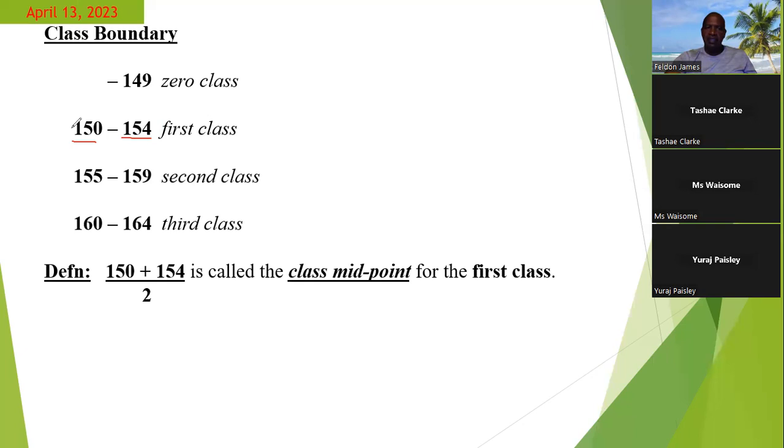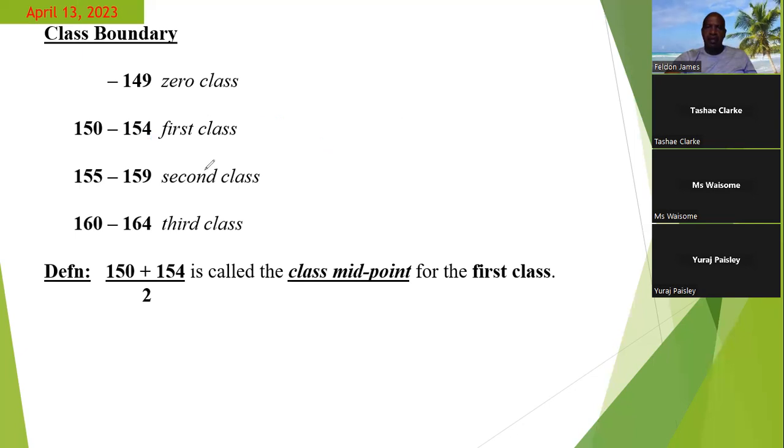Look at the 2 numbers and see if you take away the smaller one from the larger one, what would you get? What would you get, Mr. Paisley? 4. So we are saying that if you divide this 4 by 2, right, you get 2. You follow that, right?